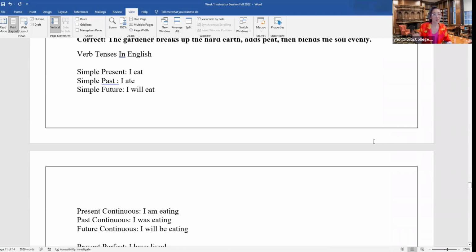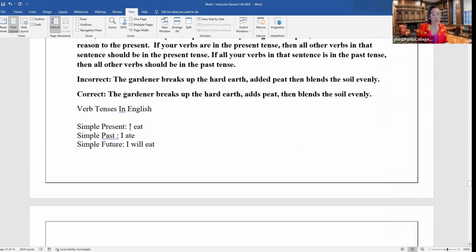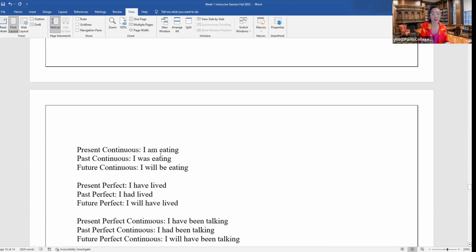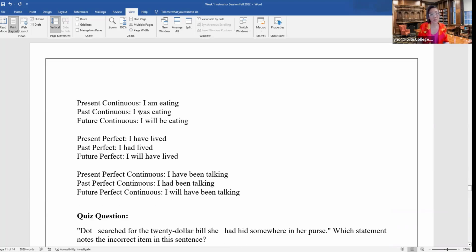And here are the different kinds of verb tenses in English. Simple present, I eat. Simple past, I ate. Simple future, I will eat. All of these are one action that's completed. And then here, continuous: present continuous, I am eating, I was eating, I will be eating. This is one action, but it's not finished.